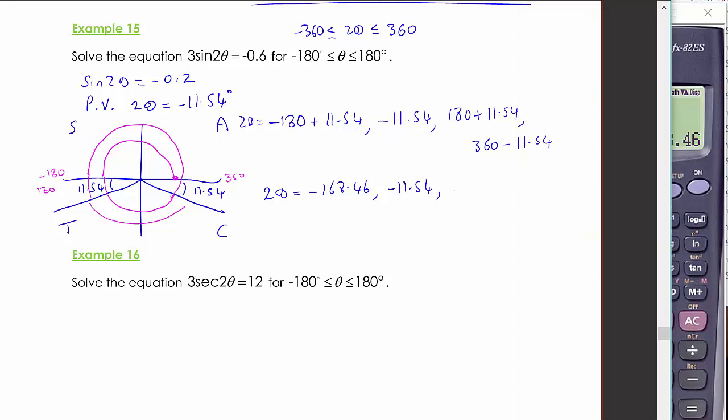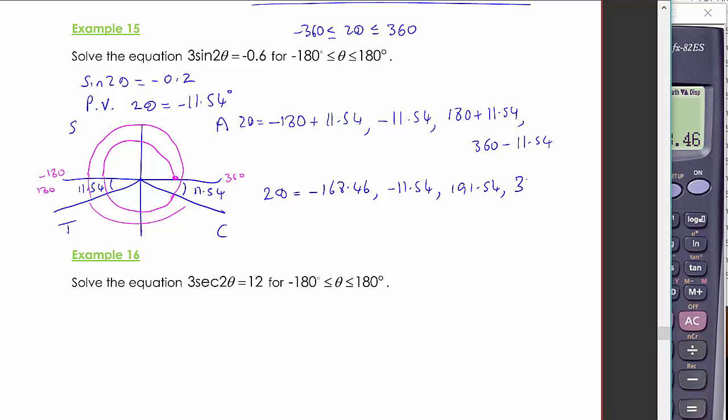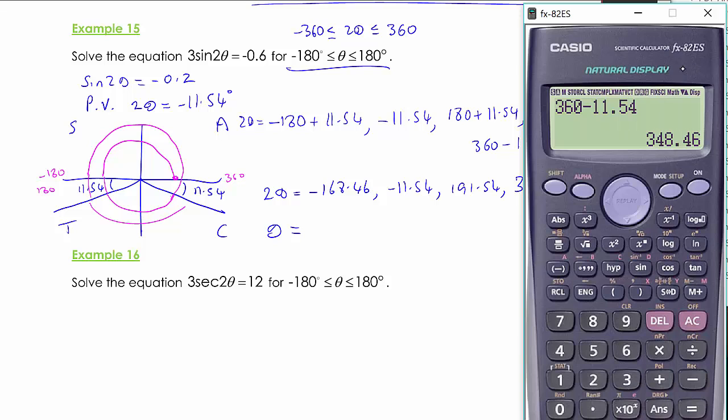The next one's 191.54, that's easy. And then we've got 360, take away 11.54, which is 348.46. And then theta should fall nicely into this range, so we just got to divide them all by 2.